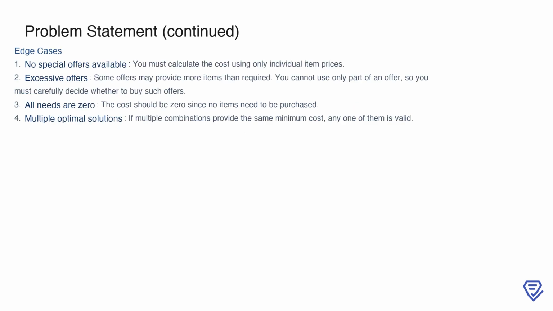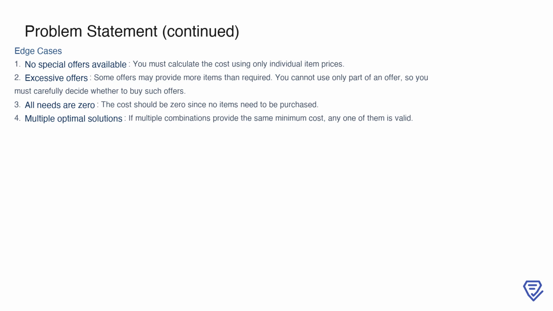While solving this problem, you need to consider several edge cases. First, if no special offers are available, you must calculate the cost purely based on the per unit price of each item. Second, some special offers may include more items than you need. Since offers must be purchased in whole, you'll need to carefully evaluate whether such offers are worth using.